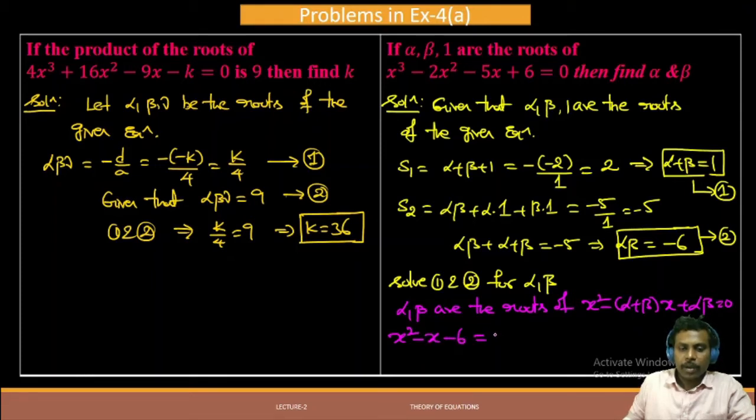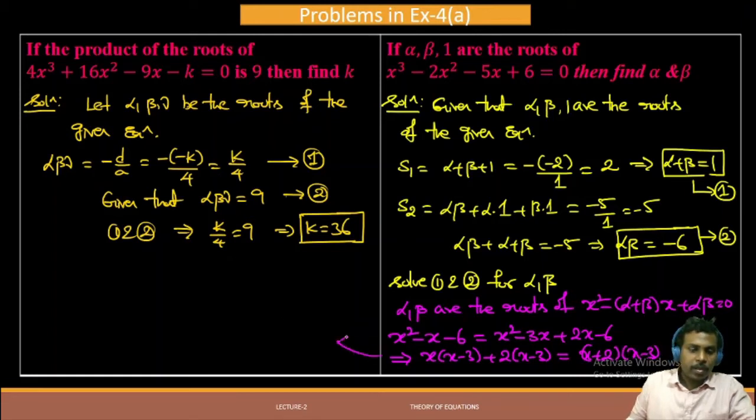Now this can be factorized as x square minus 3x plus 2x minus 6. So this implies x into x minus 3 plus 2 into x minus 3. This implies x plus 2 into x minus 3.